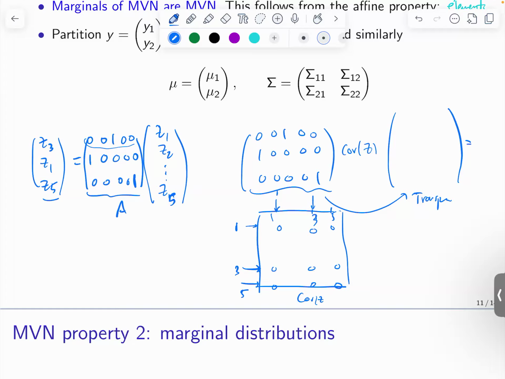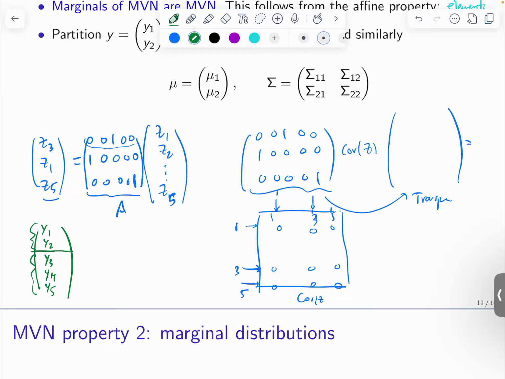Oftentimes you don't do this strange kind of combination. Usually we have a vector, let's say y1, y2, y3, y4, y5, and you usually partition it in a natural way. It doesn't have to be, but let's say I partition it into these block parts.